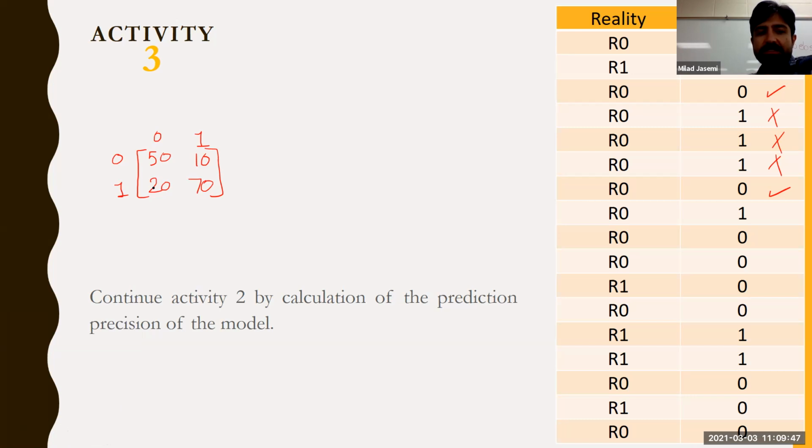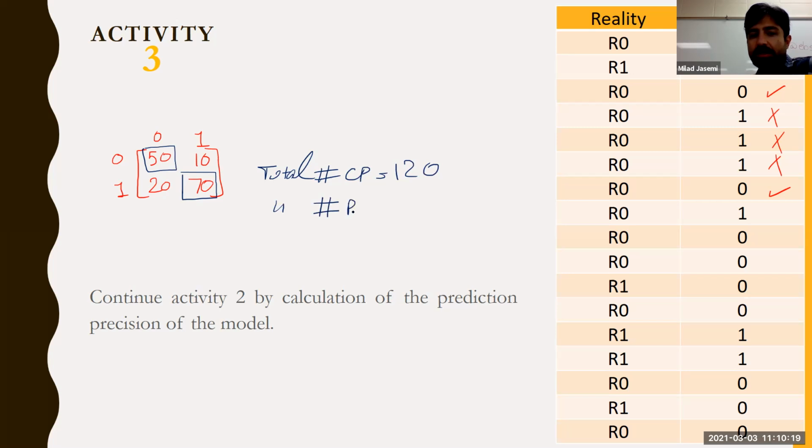What do these numbers tell us? We have 50 correct predictions of 0, and we have 70 correct predictions of 1. So the total number of correct predictions is 120. The total number of wrong predictions is 30. Imagine this is reality and this is prediction.